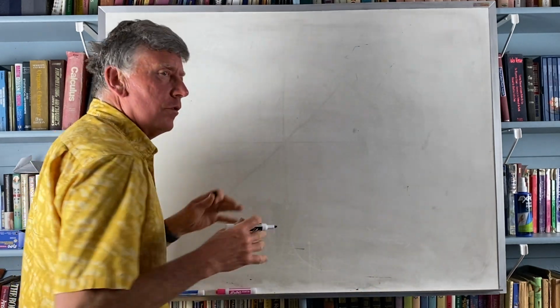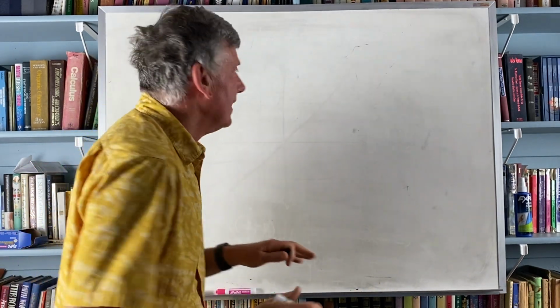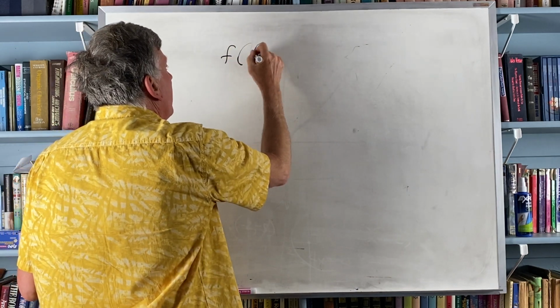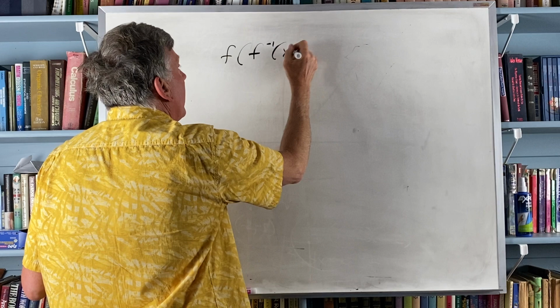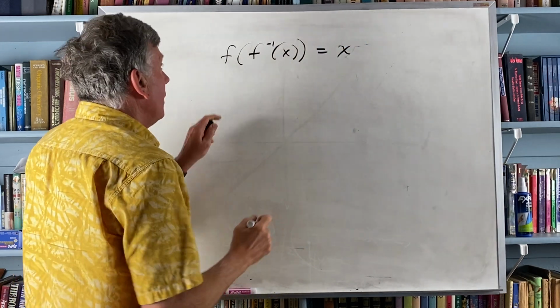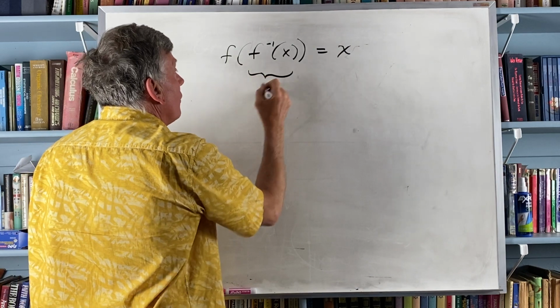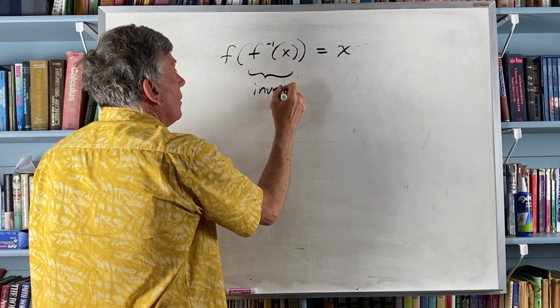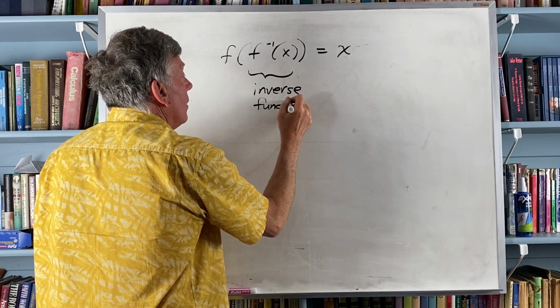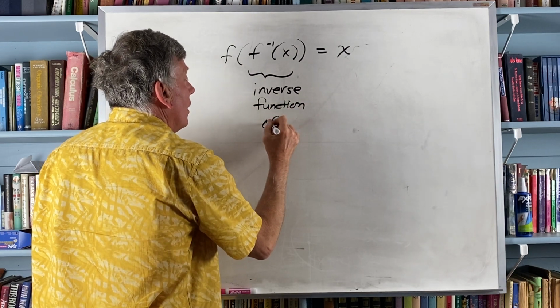This fundamental inverse property is that f of f inverse of x is equal to x. This is the inverse function of f.